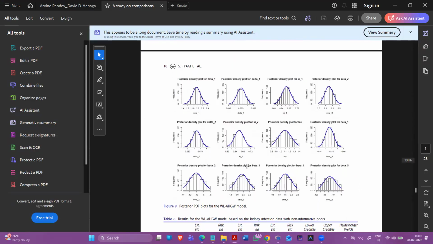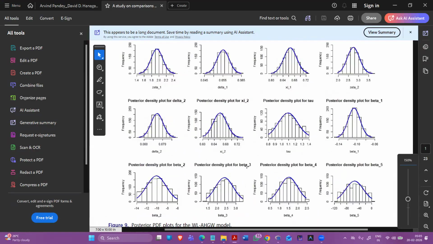Yeah, are you seeing this posterior density plot here? That is basically following the Bayesian central limit theorem.